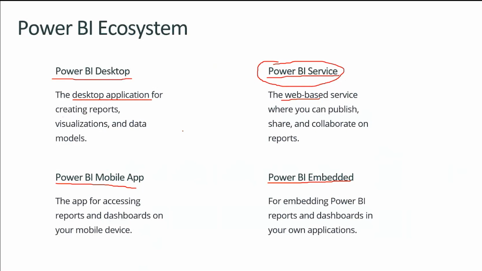Or they can download the Power BI mobile application on their mobile phones, and there they can view the reports which have been shared with them. Power BI mobile application is a free to download application for Android, iOS, and Windows phone based users.